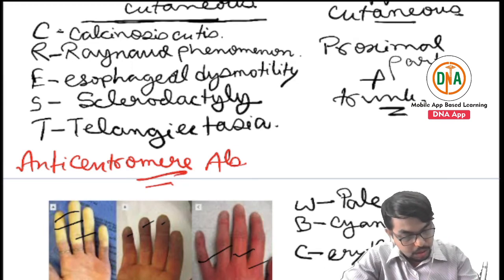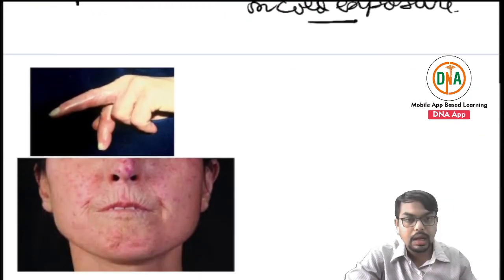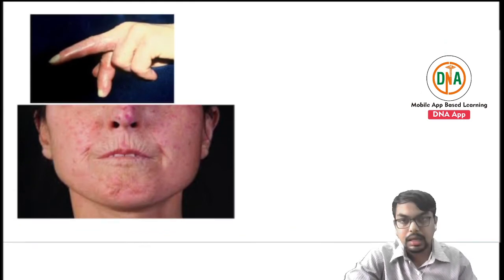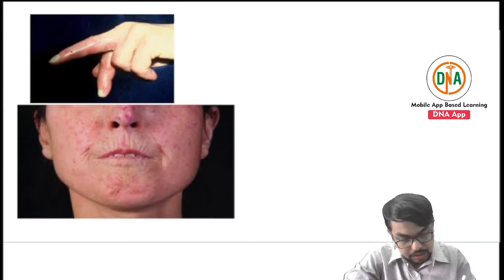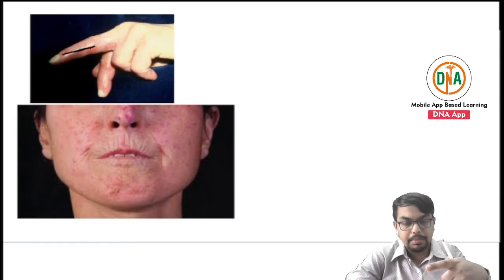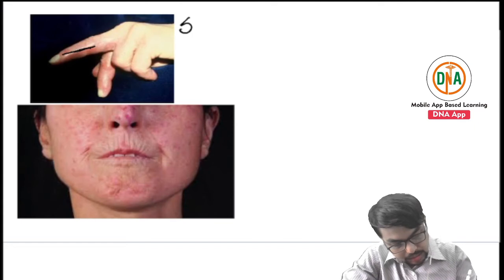Now we will discuss the diffuse cutaneous variety of systemic sclerosis. See, this is sclerodactyly, stiffening of the finger. See the shiny stiff finger. The finger can't be bent at the distal interphalangeal joint. They are stiffened. This is known as sclerodactyly.